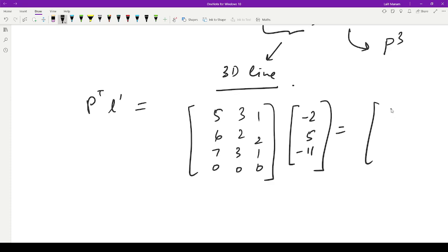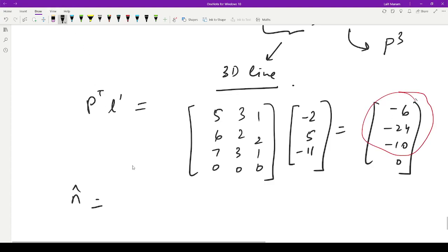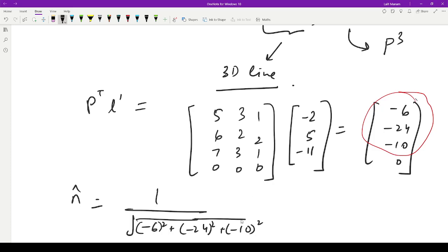So which leads us to minus 6, minus 24, minus 10 and 0, if you multiply this matrix and vector. So the unit direction is what we need, and we'll just consider the first 3 elements for the unit direction. So it will just be 1 by square root of minus 6 squared plus minus 24 squared plus minus 10 squared, times the vector minus 6, minus 24, minus 10.